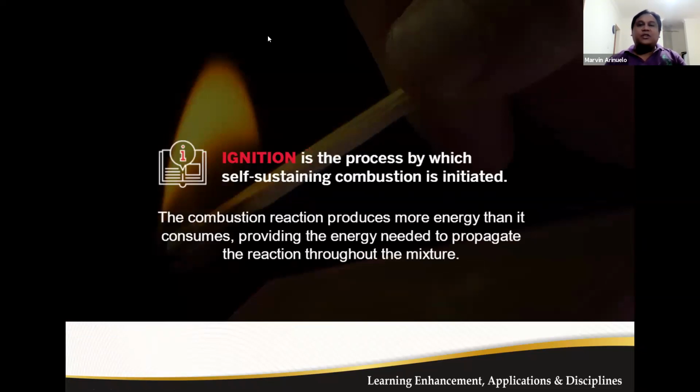The combustion reaction produces more energy than it consumes, providing the energy needed to propagate the reaction throughout the mixture. Remember guys, ignition, as we discussed earlier, is a process of self-sustaining combustion. And the flame is self-sustaining as long as the fuel and the oxidizer are available in the right amount or concentration.